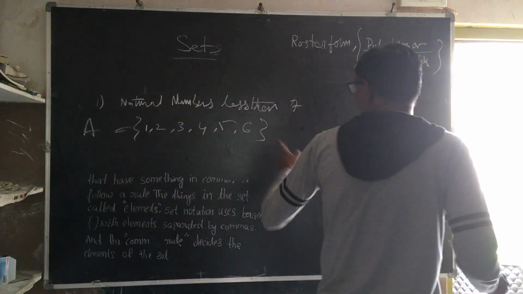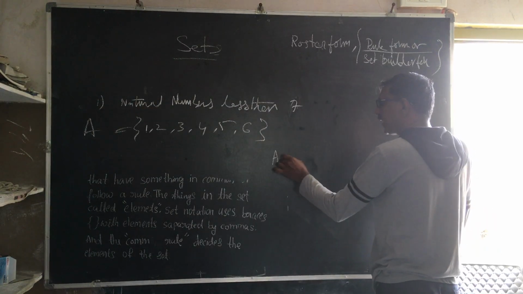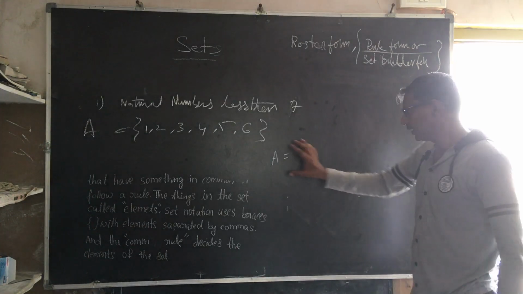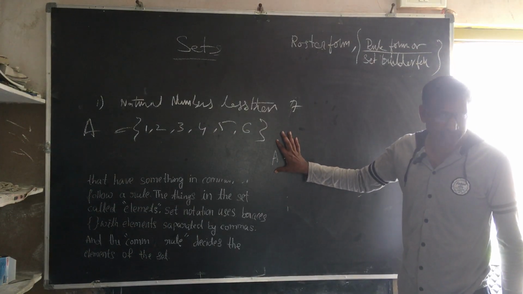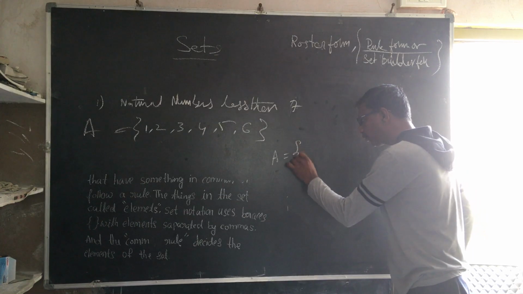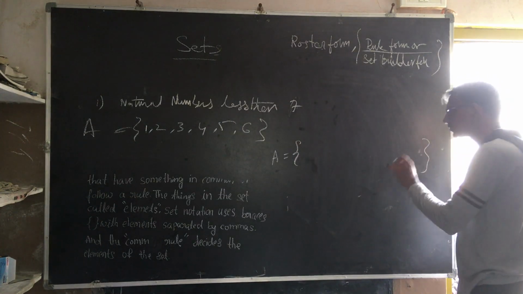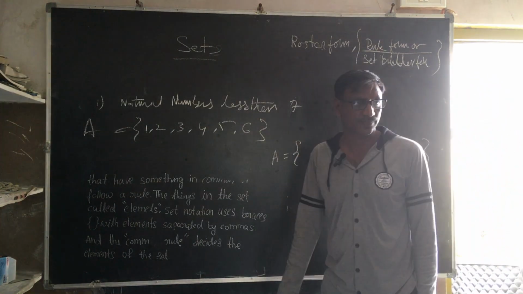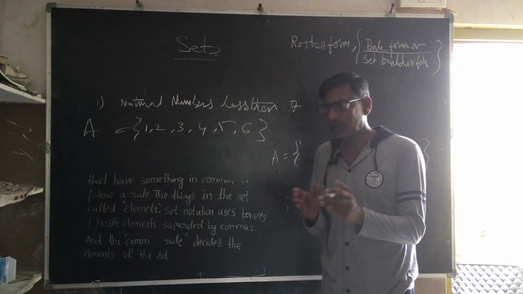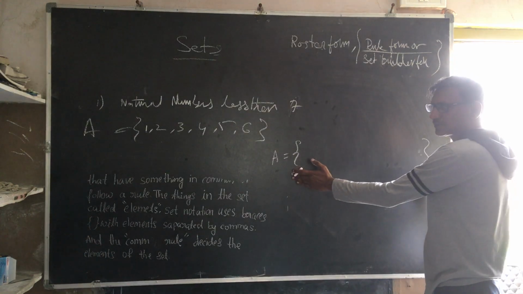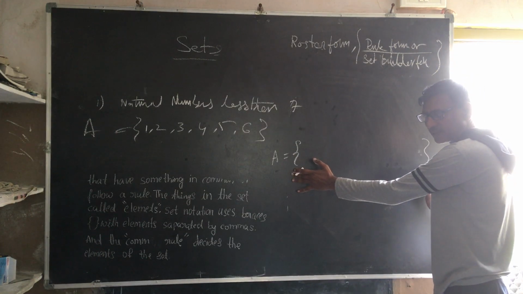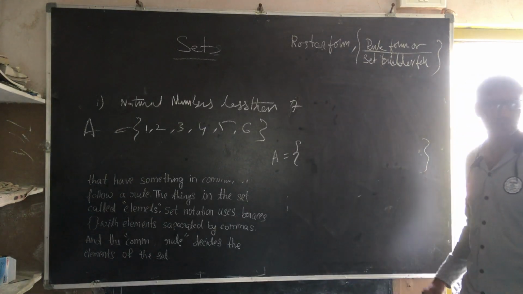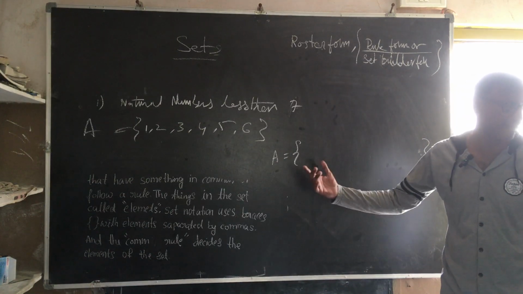How to write this one? Here, see, the same I will write. A is equal to, A is a set. I told you, these are flower brackets. We need to denote a set with curly brackets, or braces. We call them braces.